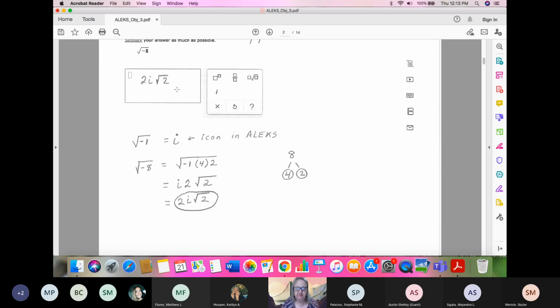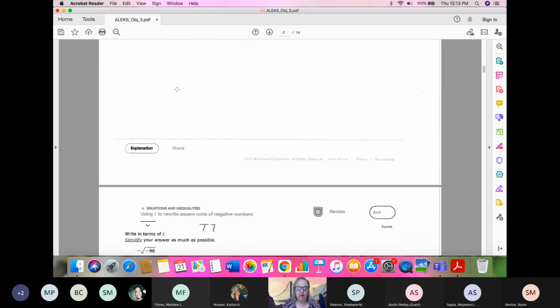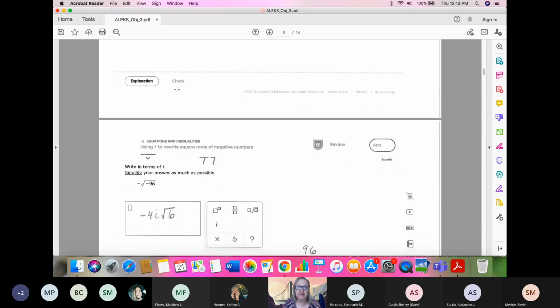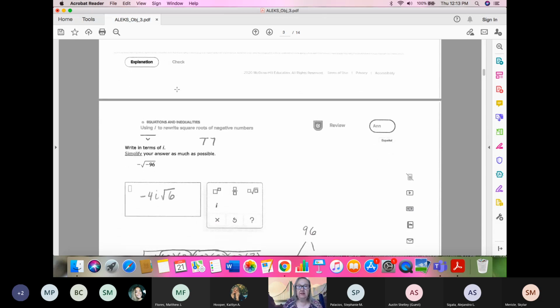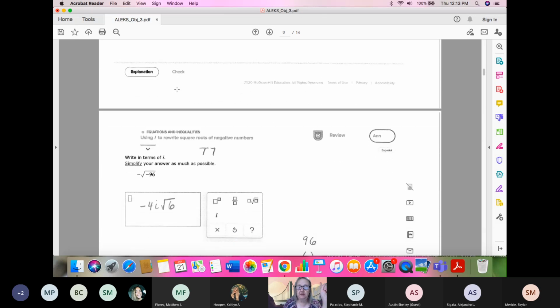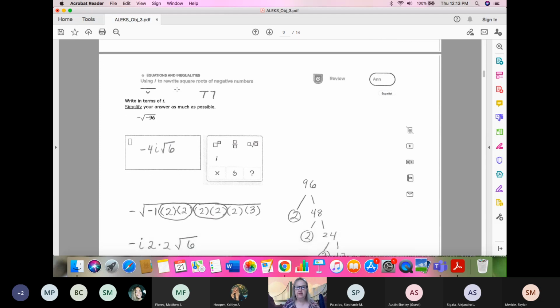I think we're good. So let's go on and look at a couple more complex problems. This problem is the same exact topic that we just looked at, but it's a little more challenging. So let's take a look at this one. Write in terms of i, simplify your answer as much as possible.